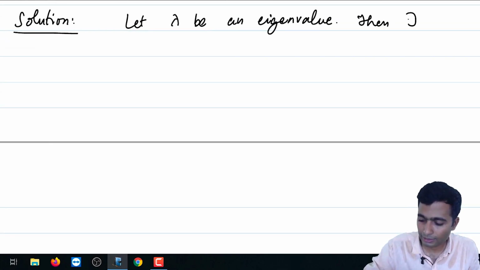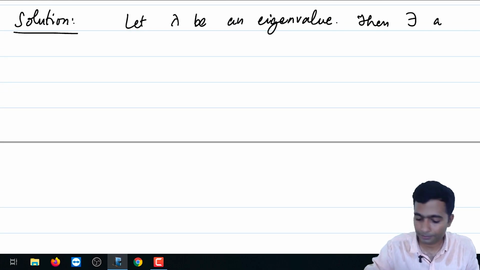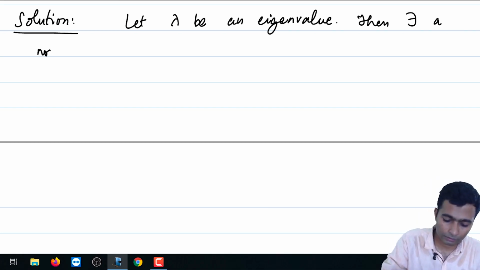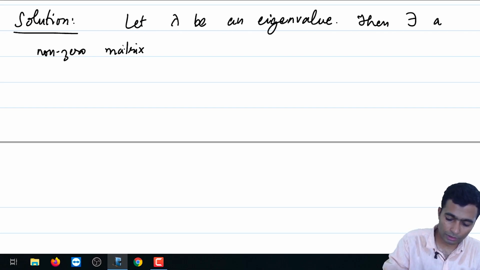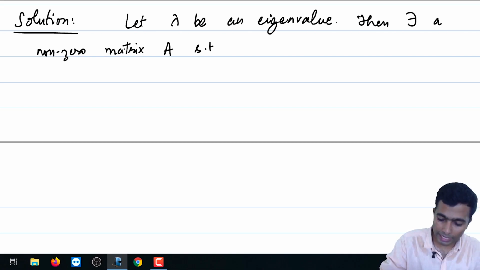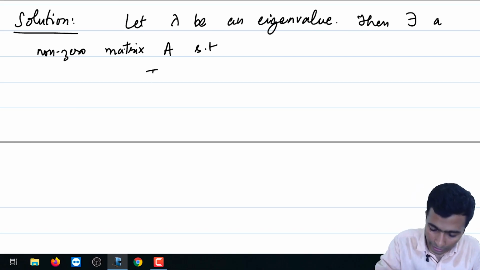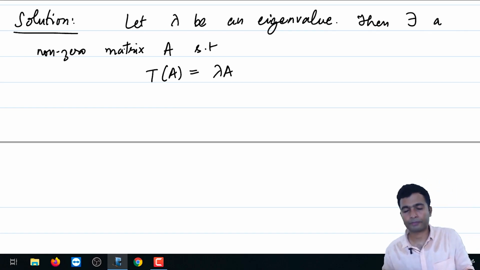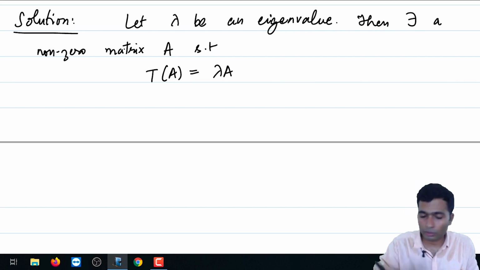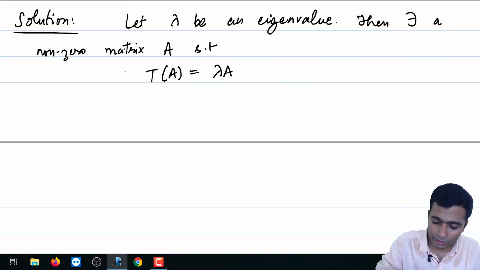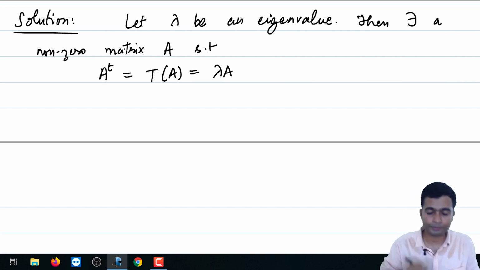There exists a non-zero matrix, that means at least one of the entries is non-zero, capital A, such that TA is equal to lambda times A. But what is TA? TA is just equal to A transpose.